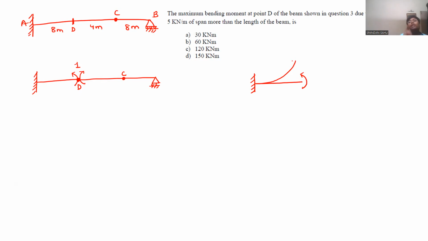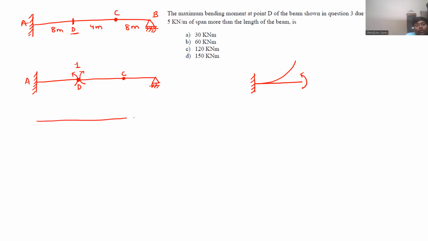But this is not acceptable for linear, elastic, and statically determinate beams. So for the ILD for bending moment at point D, all the ordinates between A and D will be 0. So the complete unit rotation will be taken by the right part, that is D, C, and B.